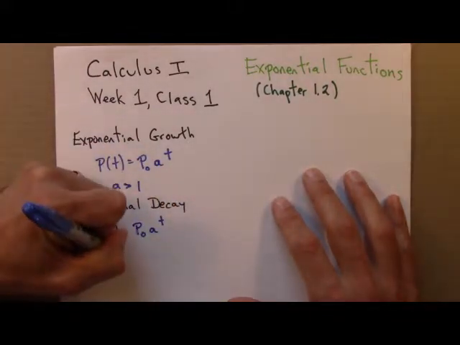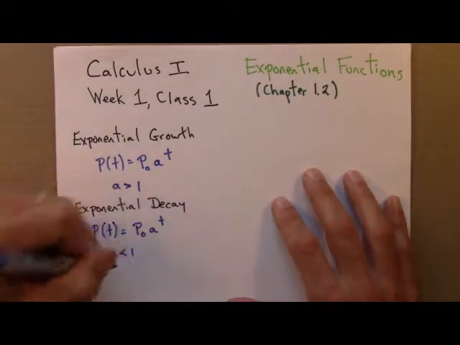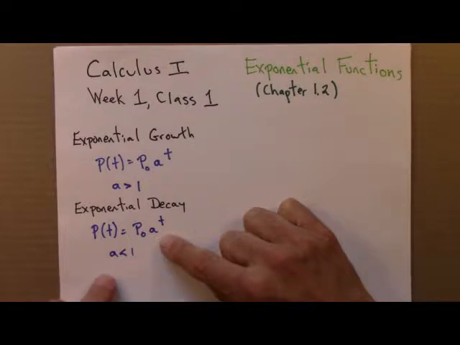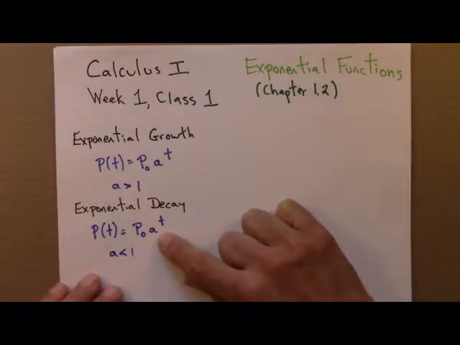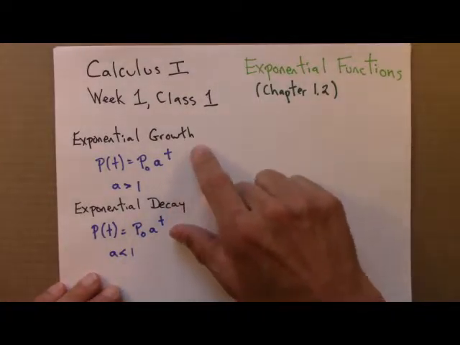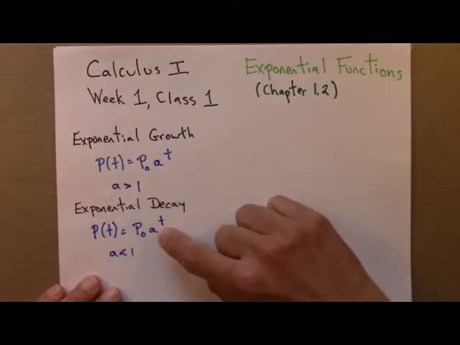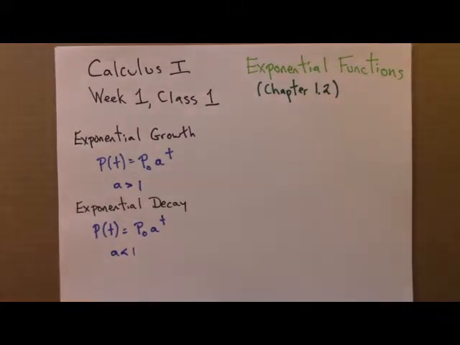But in this case, a is less than 1. So the smoke particles from the tofu fire that get filtered out of the air, that example from class, a was 0.6. So same formula in both cases. For growth, a is greater than 1, and for decay, a is less than 1.